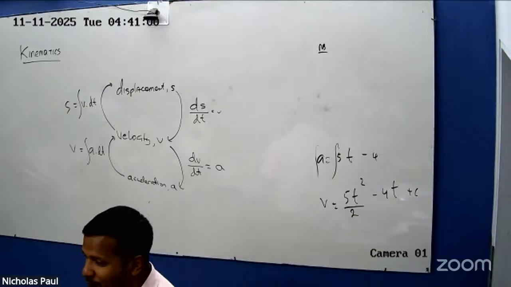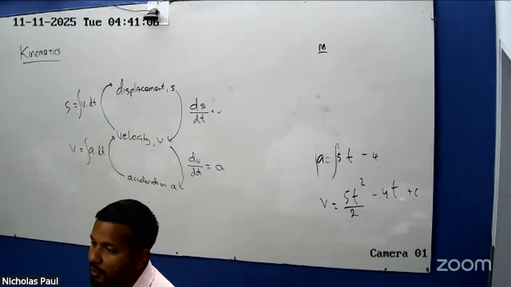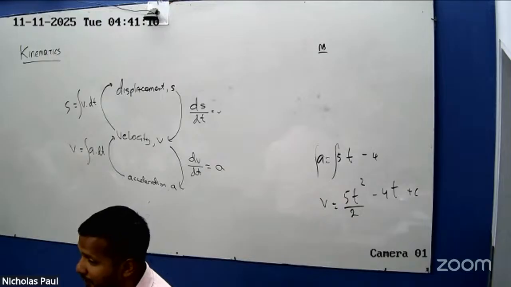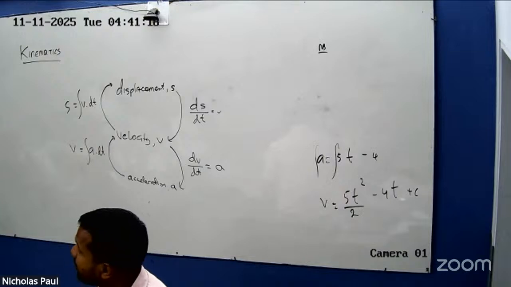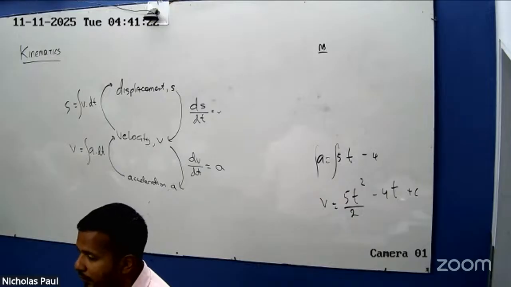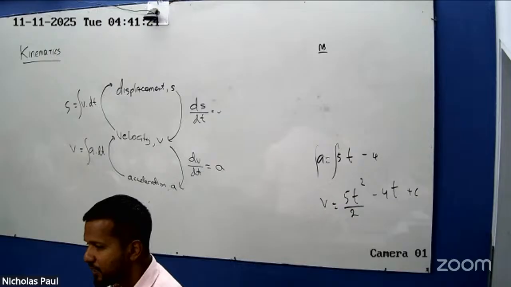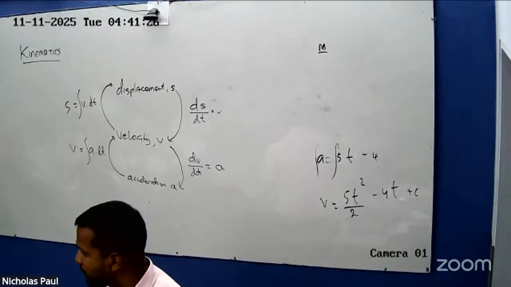So displacement is the straight line distance from start to finish. Wherever you start and wherever you finish, that straight line distance is called the displacement.